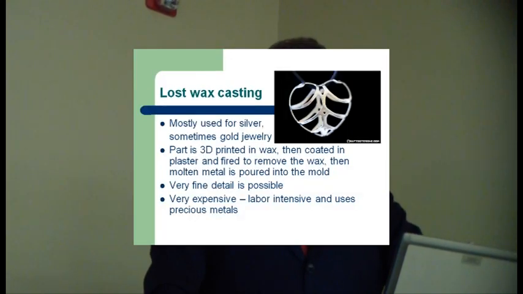Another possible method of 3D printing is lost wax casting, and this is mostly used for sterling silver or gold. The part is 3D printed in wax, much like you saw in other processes. The wax is then coated in a liquid plaster and left to harden.